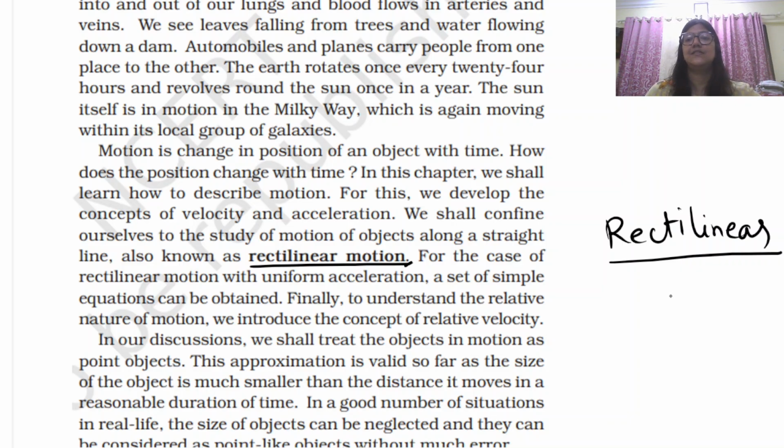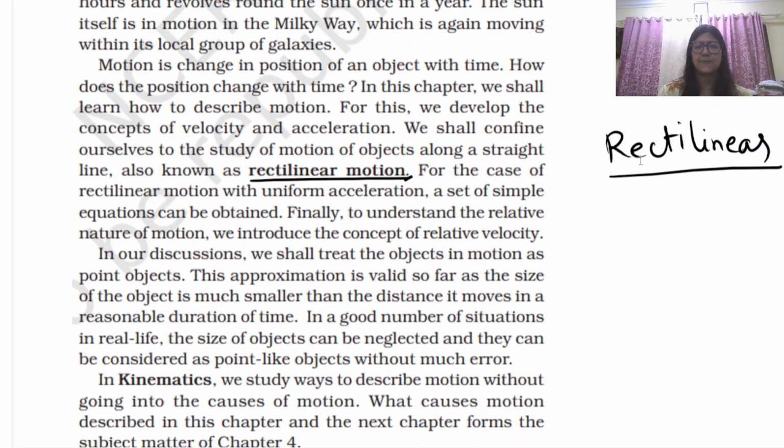Rectilinear motion means that the motion is happening in a straight line. Usually when motion happens, it happens in many different ways. There are curves involved, and it happens in 3D space. But here we're just talking about a single line motion, called rectilinear motion. The chapter is called Motion in a Straight Line, so all we are saying is that the motion is along a straight line.